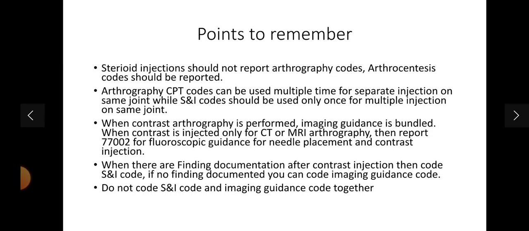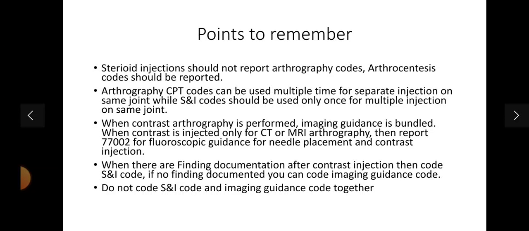When contrast arthrography is performed, imaging guidance is bundled. So if contrast arthrography is performed and there is supporting documentation for SNI, imaging guidance is bundled in those exams, because if SNI is coded, you don't need imaging guidance, only SNI is enough with the arthrography code. When contrast is injected only for CT or MRI arthrography, then report only the fluoroscopic guidance code for needle placement.